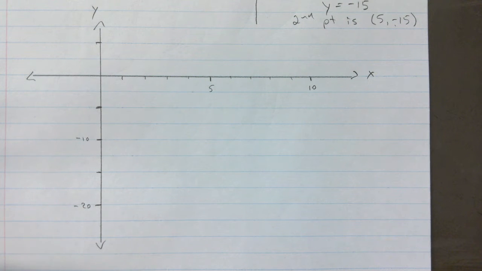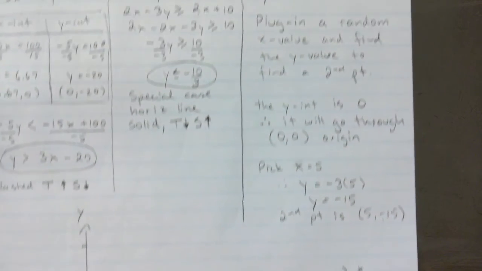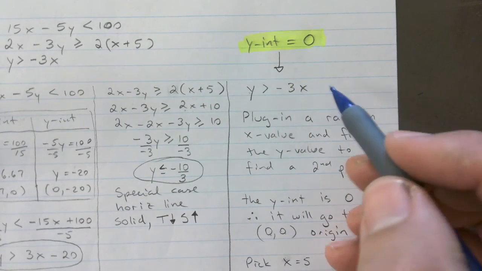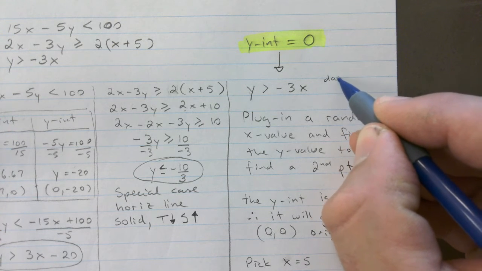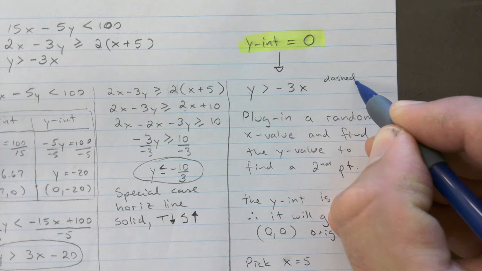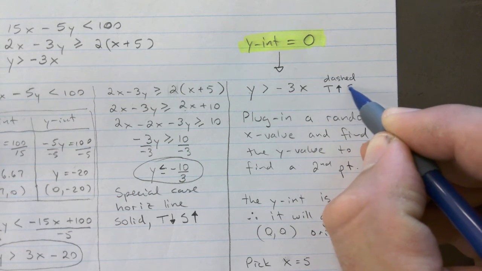Let's plug that in now. I'll wait a little bit until you've caught up to your own record. I never told myself the dashed part and all of that. Because this is already rewritten, I can just say dashed, true is above, shade below.